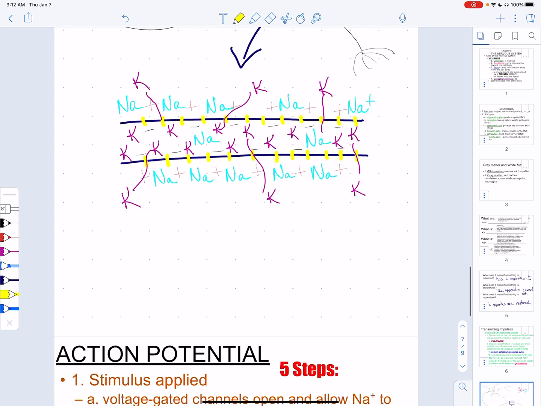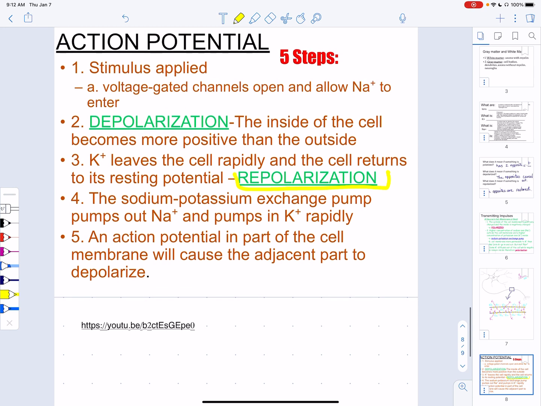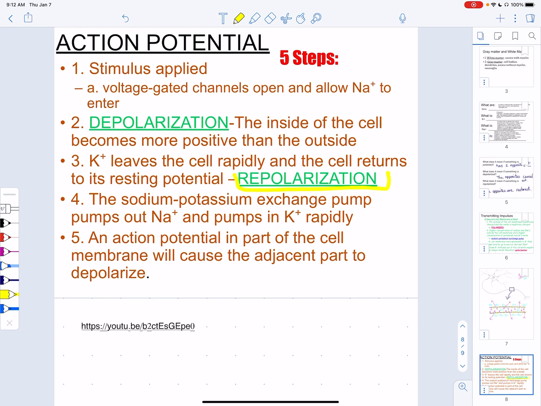Okay, and at that point, we are going to end up with repolarization because as those positives get pushed out, the balance between positive and negative is going to return to a negative state. We now are going to have negative on the inside, positive on the outside. It has now repolarized.